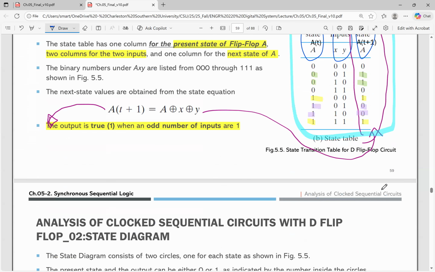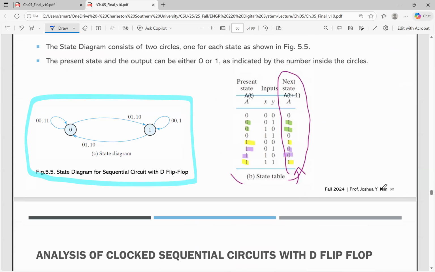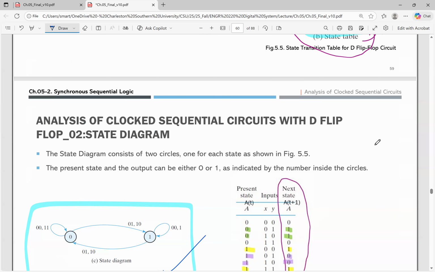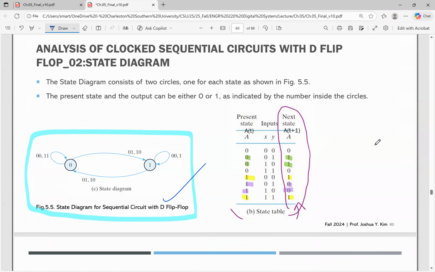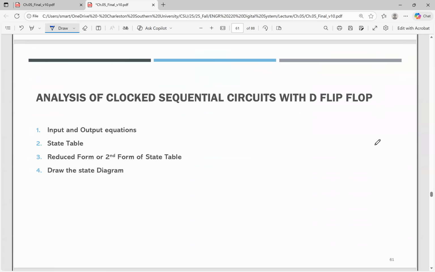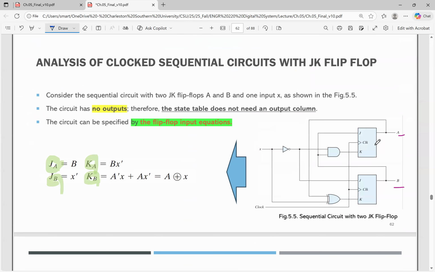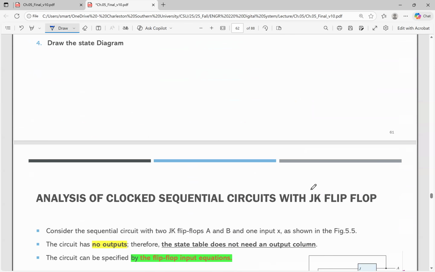So from the next state, definitely we can draw the state diagram in here. Right? Okay.